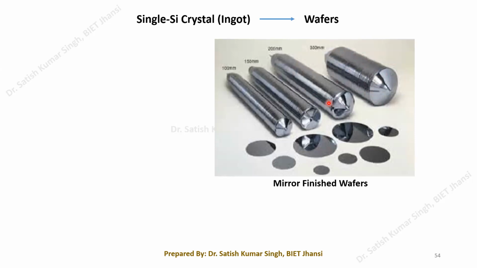So nowadays we are typically able to grow from 200 to 400 millimeters. And from here we need to cut the wafers. And the wafers in the final form will be called mirror finished wafers. Fine. So we have to see how this will be converted from here to here.